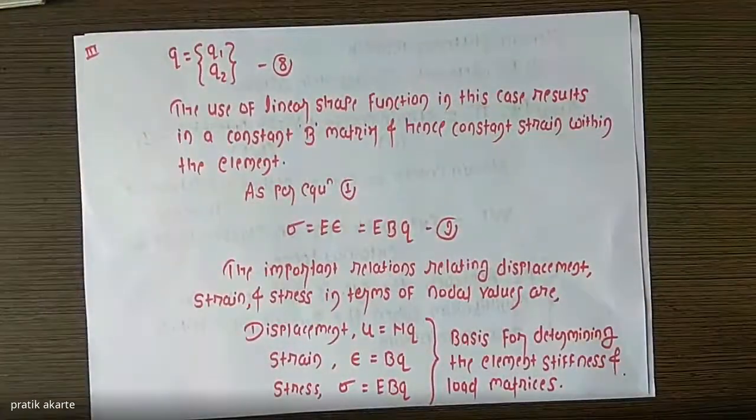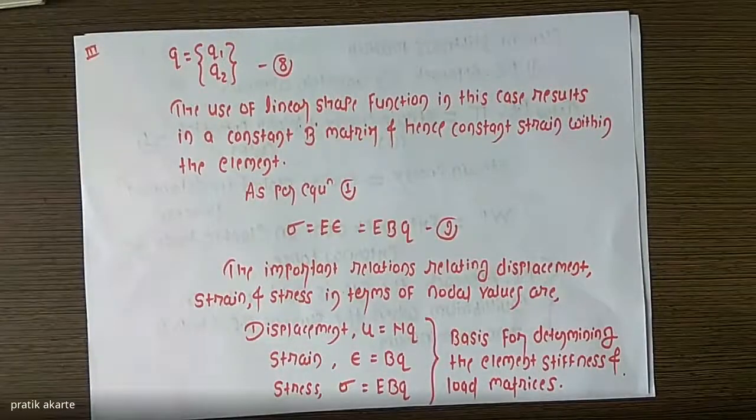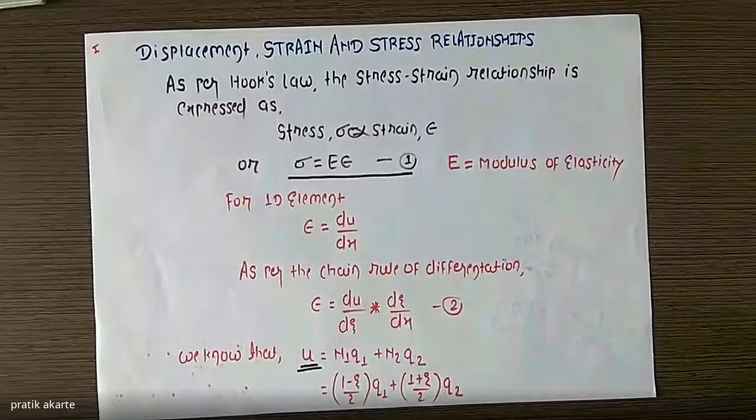We concluded that displacement, strain, and stress in terms of nodal values are: u is equal to Nq, strain is equal to Bq, and stress is equal to EBq. These are the relationships we found based on our knowledge of shape functions as well as the natural coordinate system.